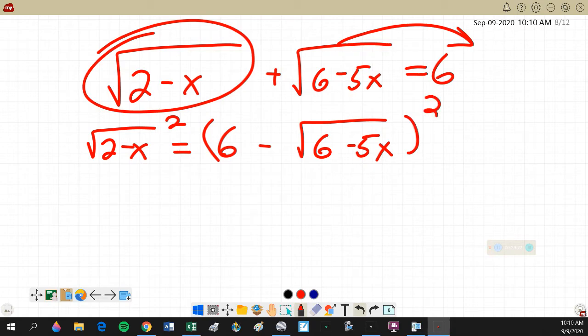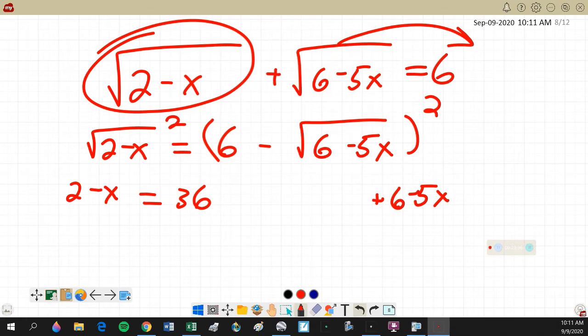and the left side becomes 2 minus x, and the right side is a little bit messy. The first term is 36, and the last term is 6 minus 5x. Everybody understand that? Any square root times itself, even if it's negative, just cancels the square root, and you're left with the stuff on the inside.